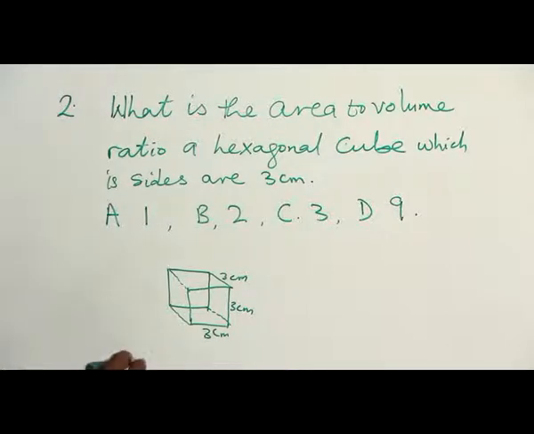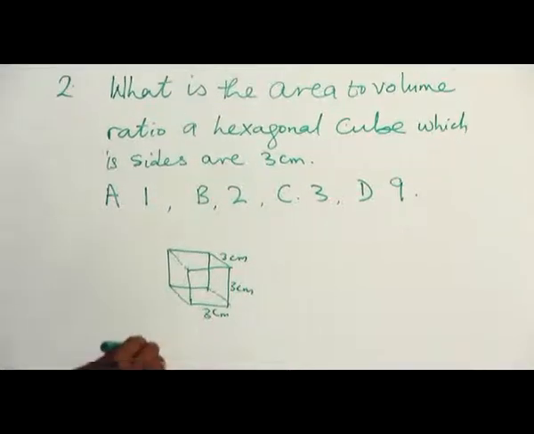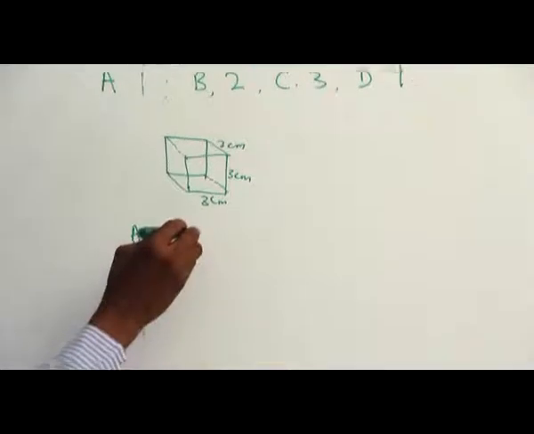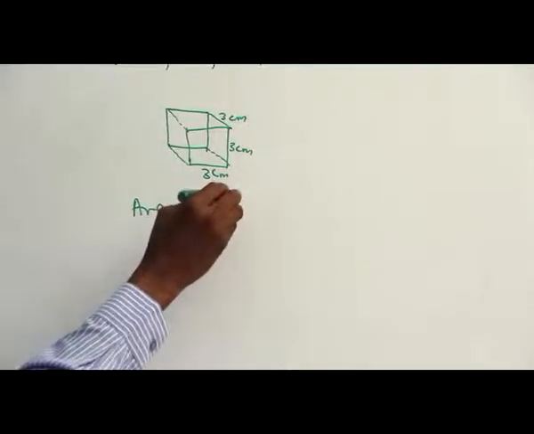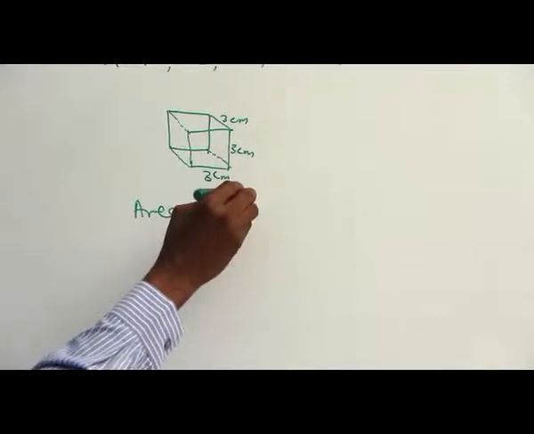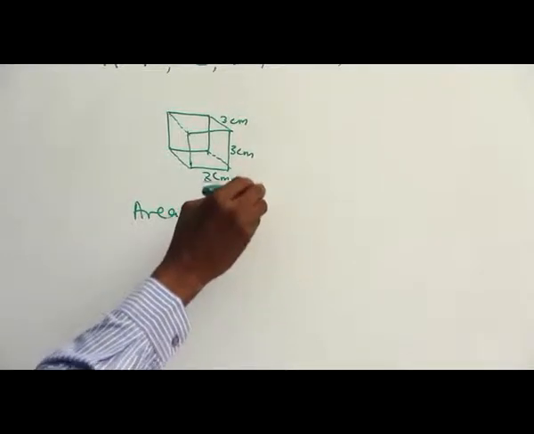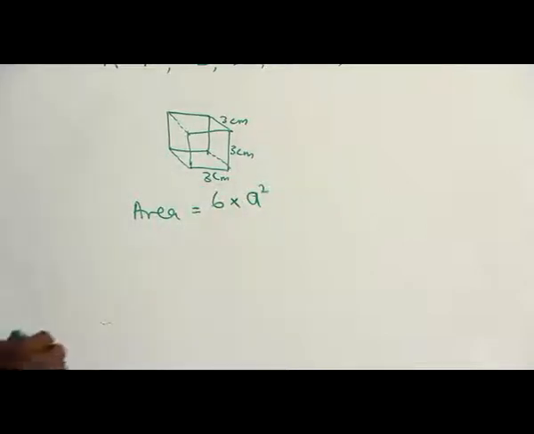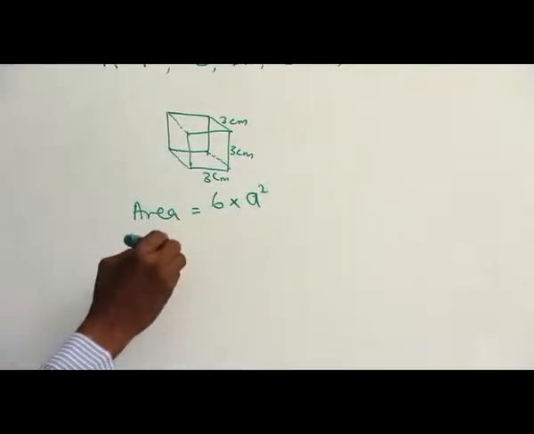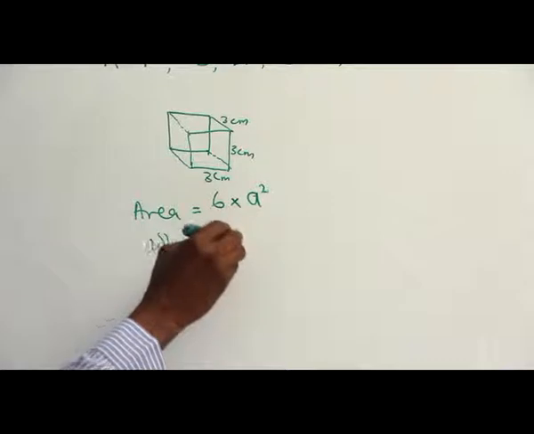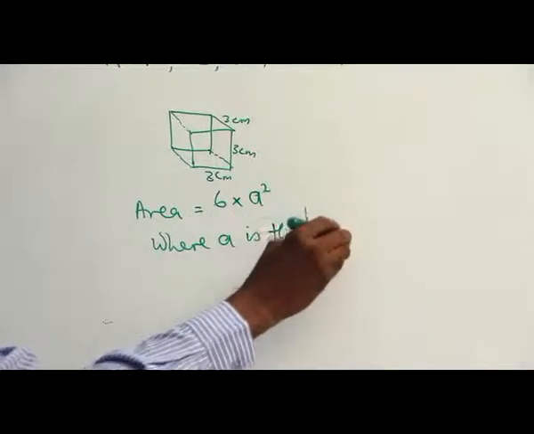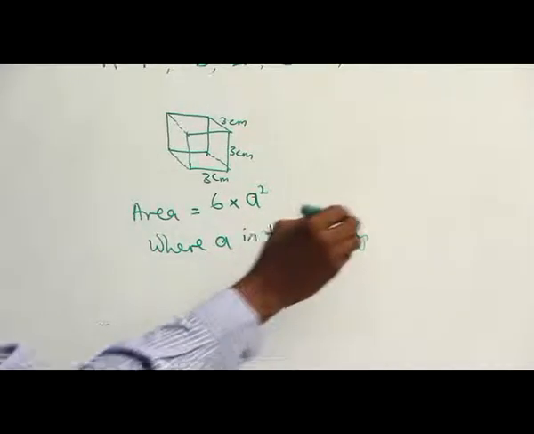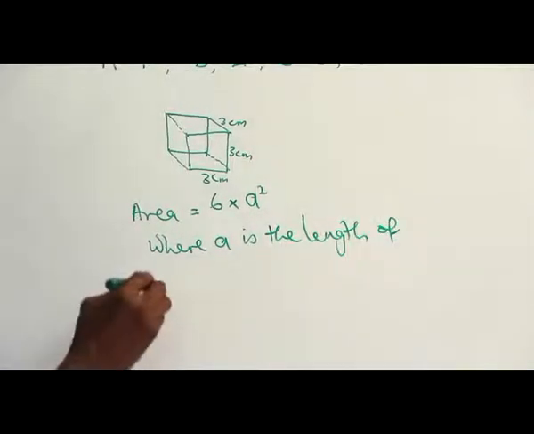Now, the area is given as 6 sides times A squared, where A is the length of the side.